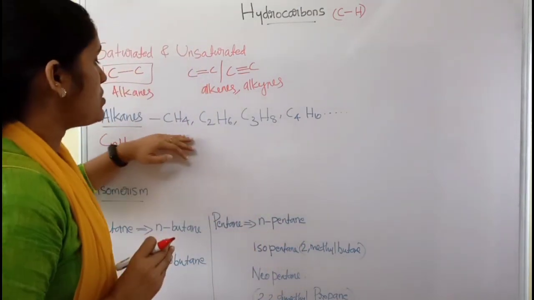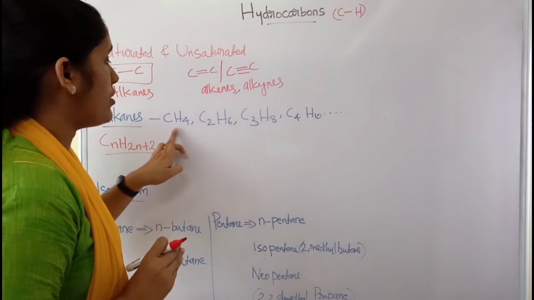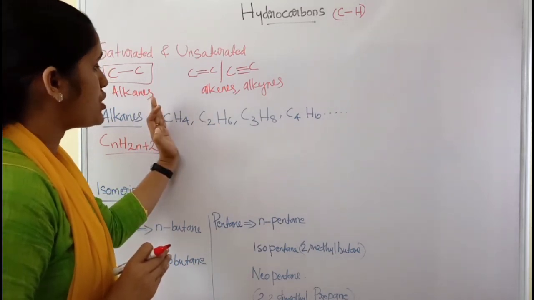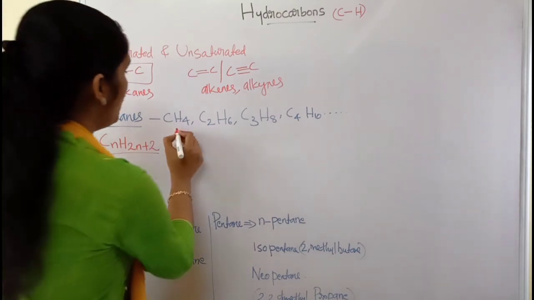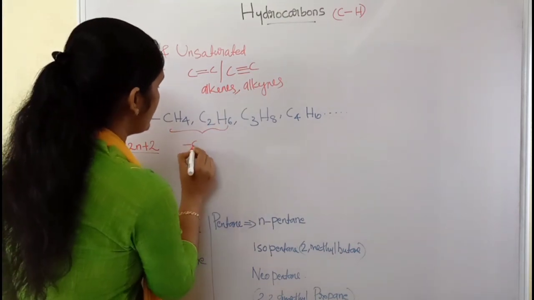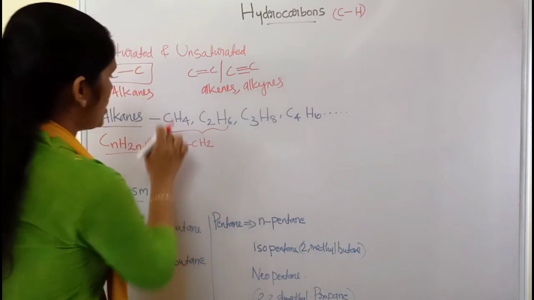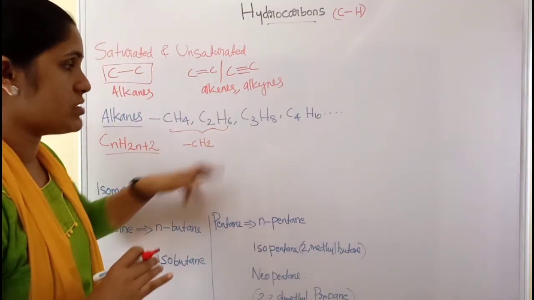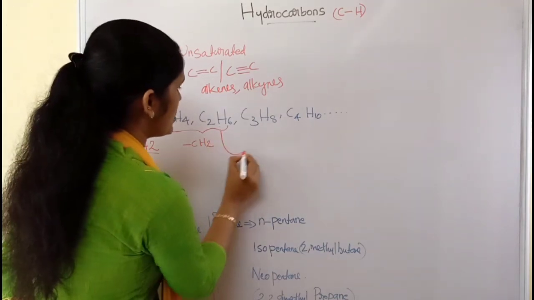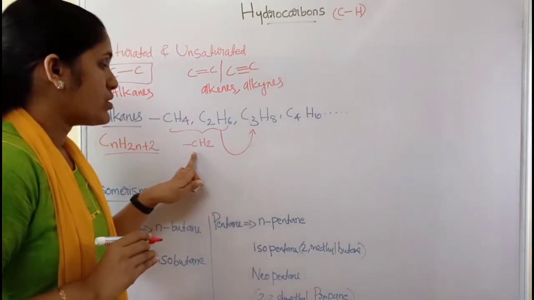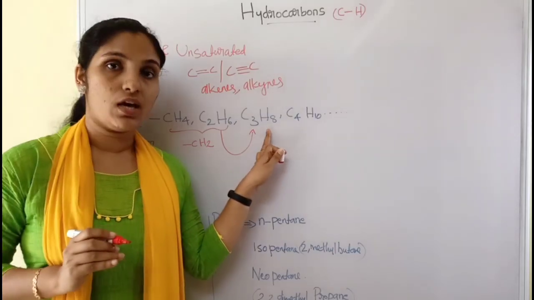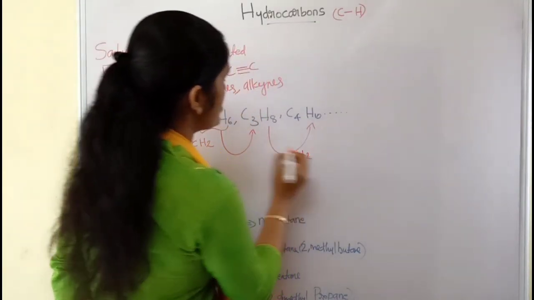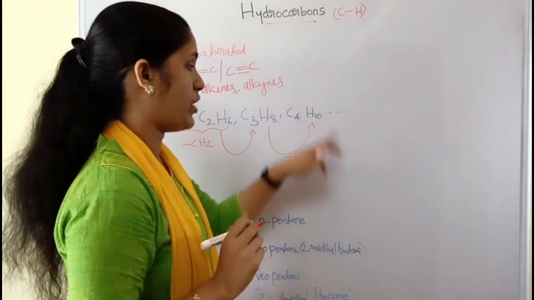Here you can see the difference between two consecutive alkane members. CH4 and C2H6 differ by a CH2 group. To CH4, if we add one more CH2, we get C2H6. To C2H6, if we add one more CH2, we get C3H8. To C3H8, adding one more CH2 gives C4H10.